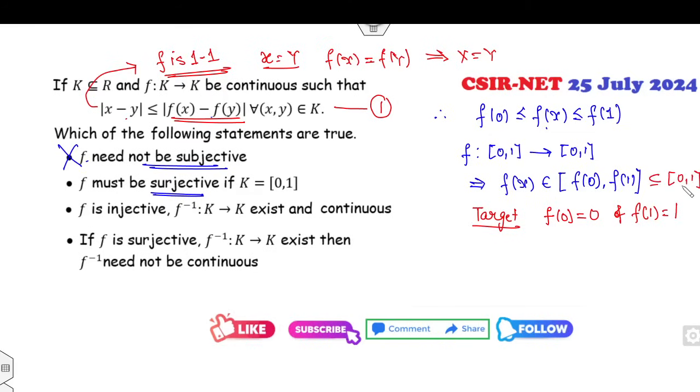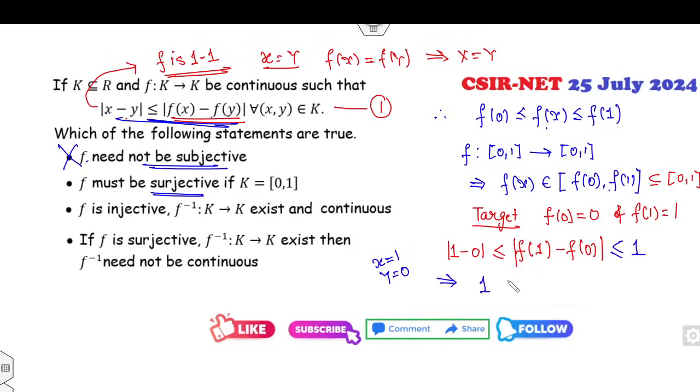Fine. So how can you prove that? That's very simple. I can start with 1 minus 0. I can simply say f of 1 minus f of 0. Why? By using equation number 1, I can choose x is 1, y is 0. Now clearly this number is in [0, 1], so definitely this number will be less than or equal to 1.